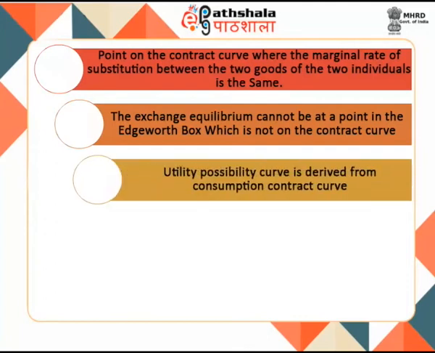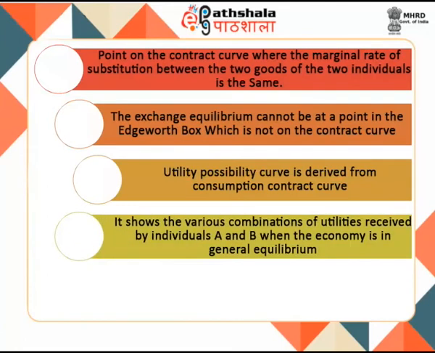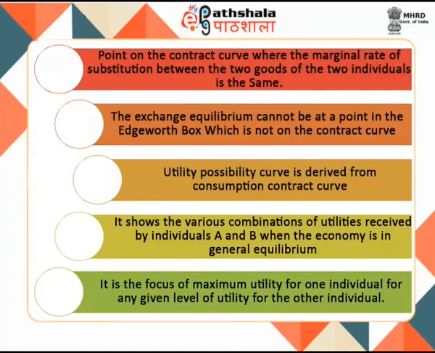The utility possibility curve is derived from the consumption contract curve. It shows the various combinations of utilities received by individuals A and B. When the economy is in general equilibrium, it is the locus of maximum utility for one individual for any given level of utility for the other individual.